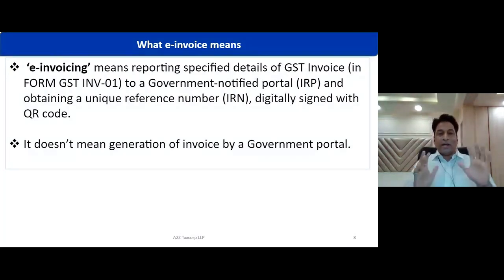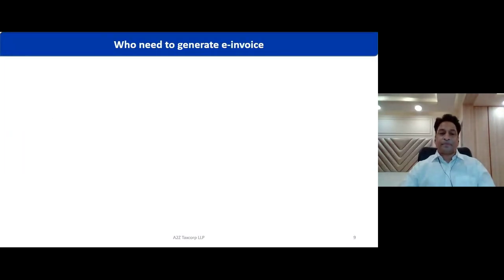So it is not going to be generated on the GST Common Portal. Only validation takes place on the IRP, where the IRN is generated and digitally signed, along with the QR code. This is what e-invoicing is all about.